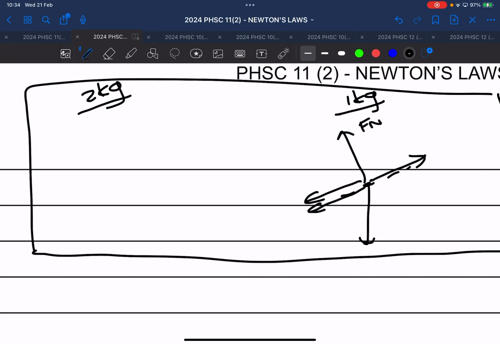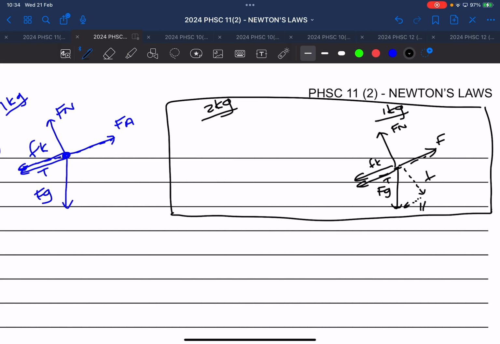Normal force, applied force, gravity, tension, friction. And I'm going to split it up into its perpendicular components, parallel and perpendicular. So it's the same as this one. The only thing I did is I split it up into its components.